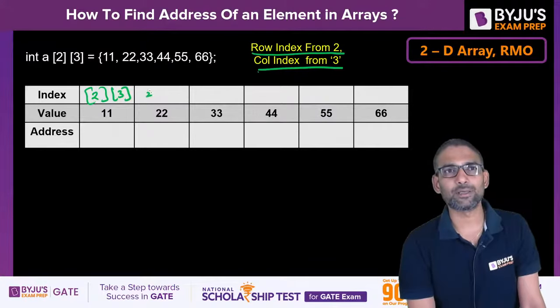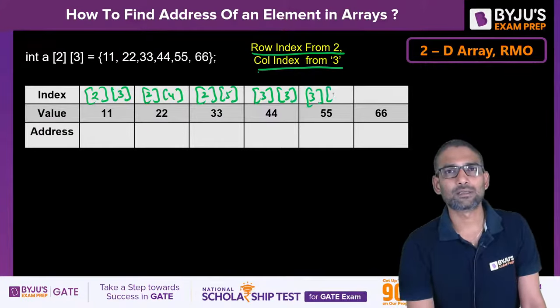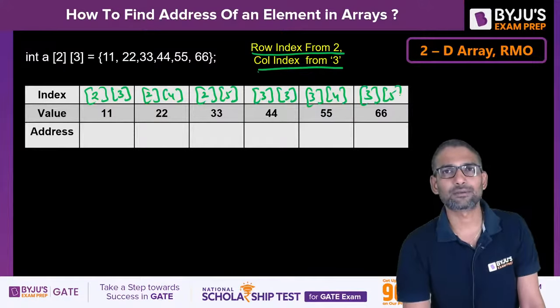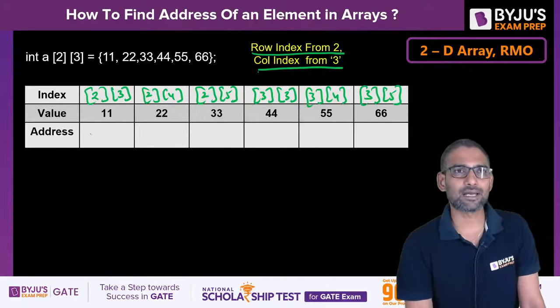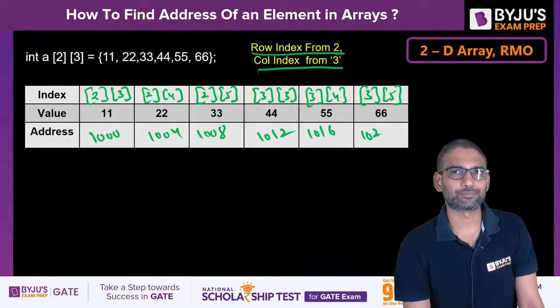So 2, 3, 2, 4, 2, 5, these are the indices. Then 3, 3, 3, 4, 3, 5, these are the indices. Addresses are the same: 1000, 1004, 1008, 1012, 1016 and 1020.